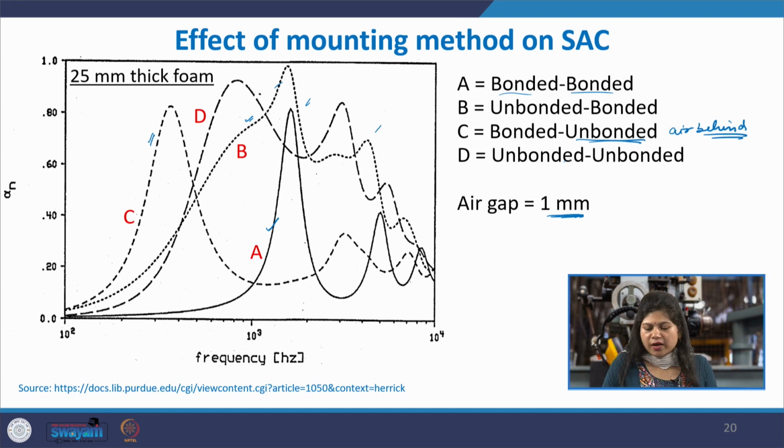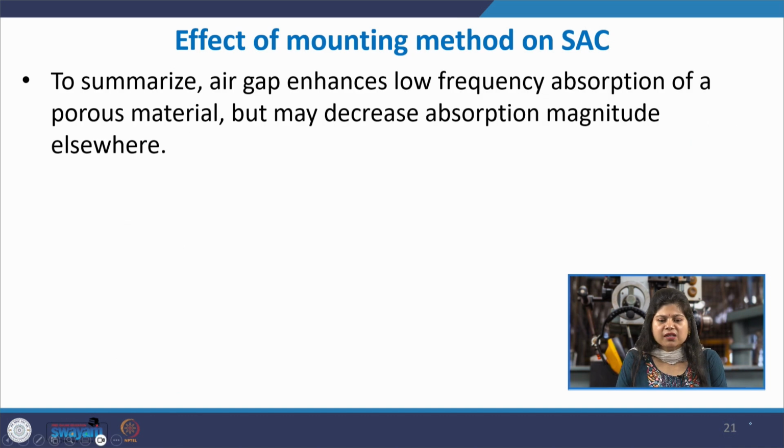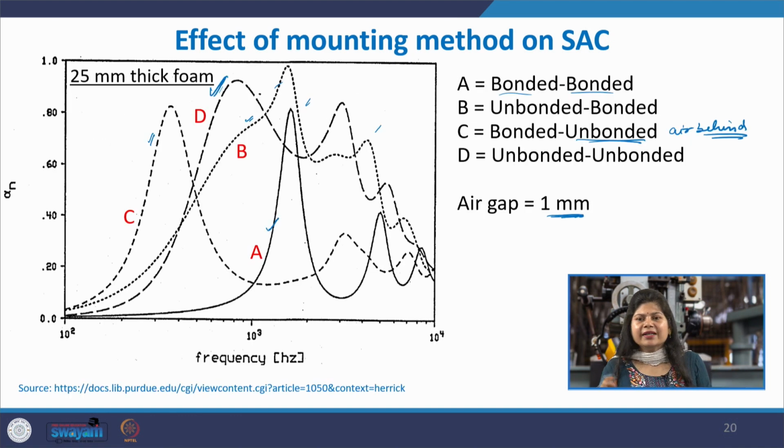And when you have unbonded, it is something like that here, a higher peak again towards the lower frequencies. So, various kinds of treatments can be seen, and you can see how tailoring the air gap either at the exposed surface or behind the porous material, how this mounting condition can change the SAC of that particular material.